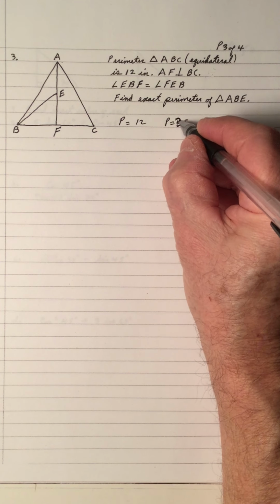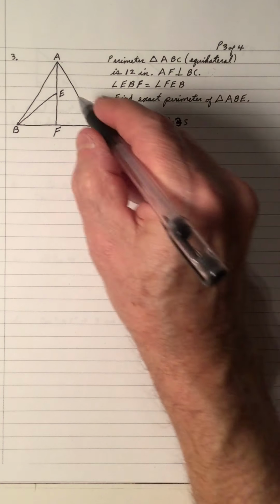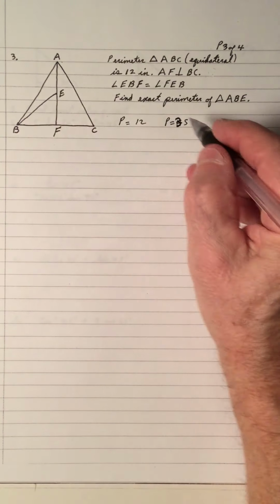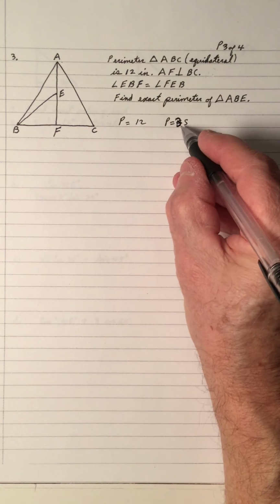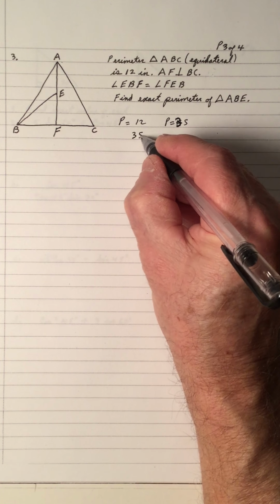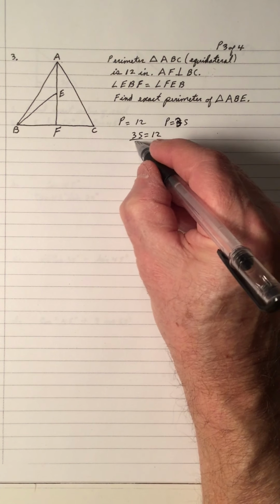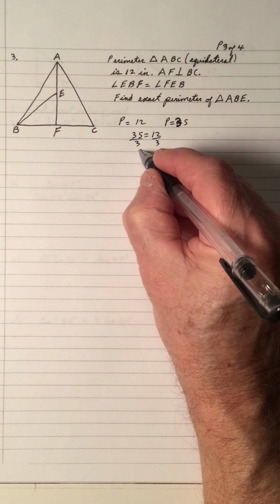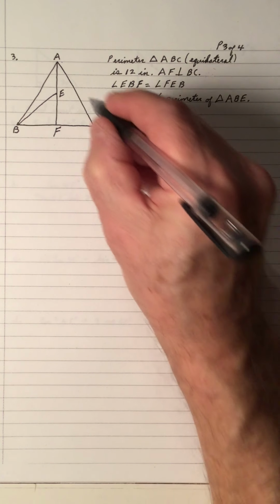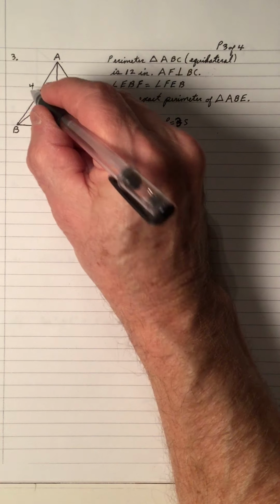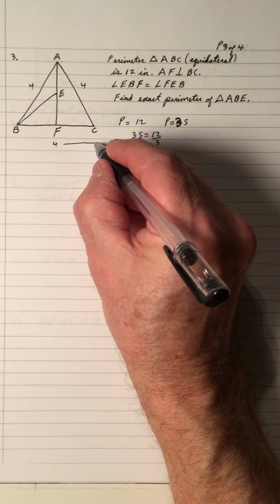We got a triangle, 1, 2, 3 sides. The perimeter of an equilateral triangle is 3s. So it means 3s is equal to 12. Divide by 3, and I get s is equal to 4. So that's a 4, that's a 4, and that's a 4.